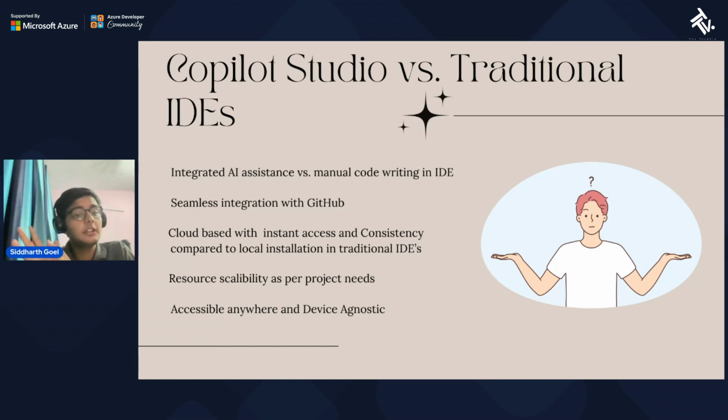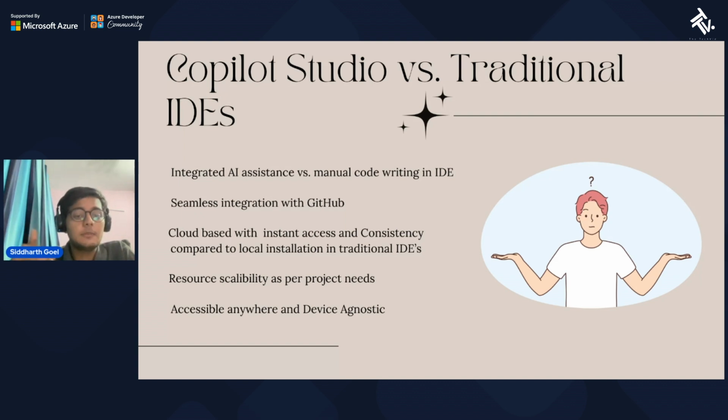So the resources are being used in a very wise manner compared to traditional IDEs, where you do not get such flexibility. You are not able to flexibly set up how much memory and CPU power you are going to use. It's mostly fixed, compared to having a flexible solution with Copilot Studio.